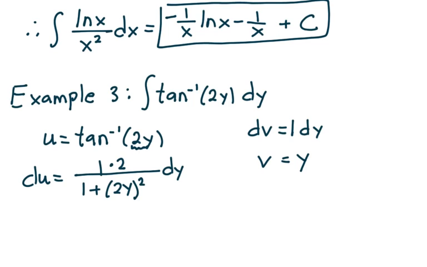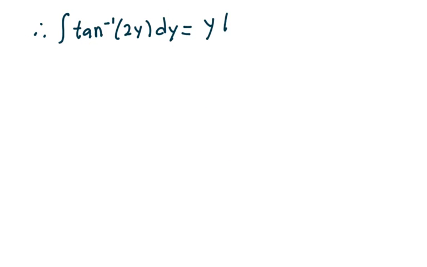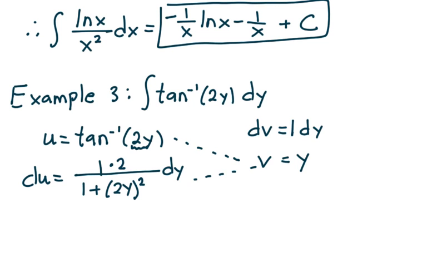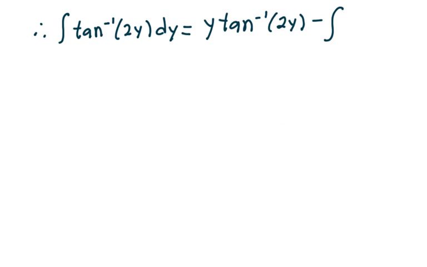Now, what that says is the integral of the arctangent of 2y dy is uv, which is y arctangent of 2y, minus the integral of v du, which is 2y over 1 plus 4y squared dy.